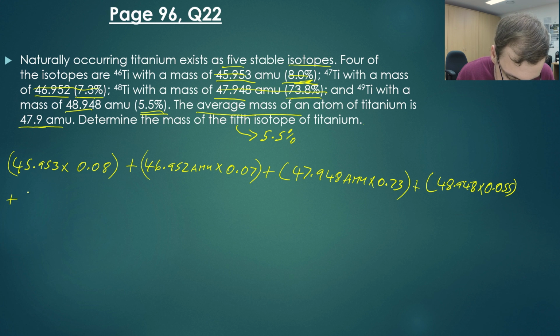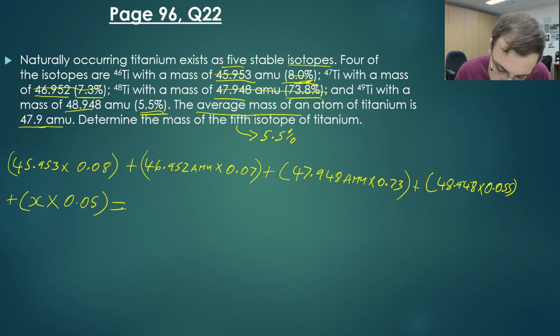So it's plus the mass of our fifth isotope, which we don't know, so we're going to put that as X, times the percent abundance, which we know is 5.5% or 0.05, is equal to the average mass of an atom of titanium, which is 47.9 AMU.